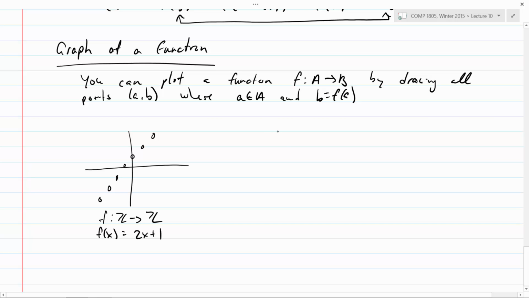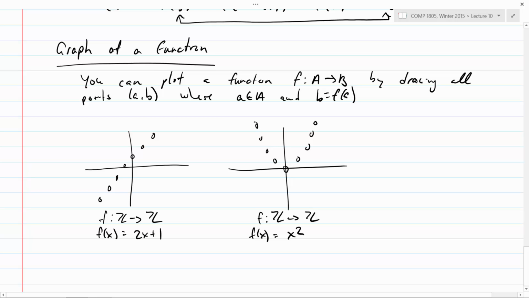Okay? Here's another example. If I had f that goes from the integers to the integers, and f(x) = x squared, the exact same thing happens. I'm only doing the integers, so this is a parabola, but it's not completely filled in, because I only have integer inputs and integer outputs.